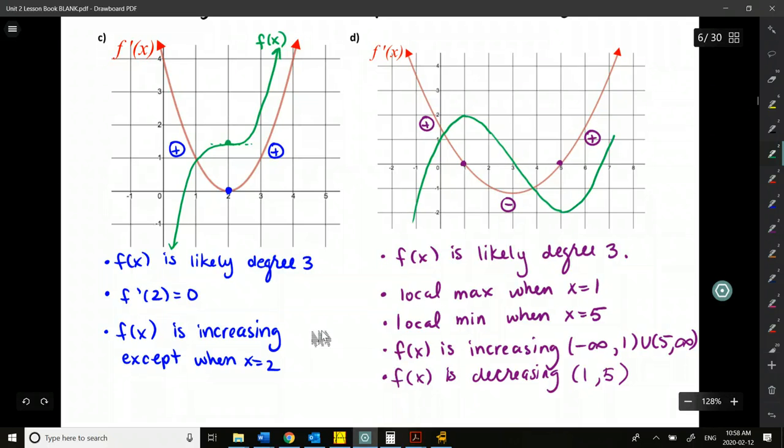And then maybe it starts increasing again here. Again, I don't know where those turning points are, or how high or how low that goes. So it could be any kind of shifted version of this graph.